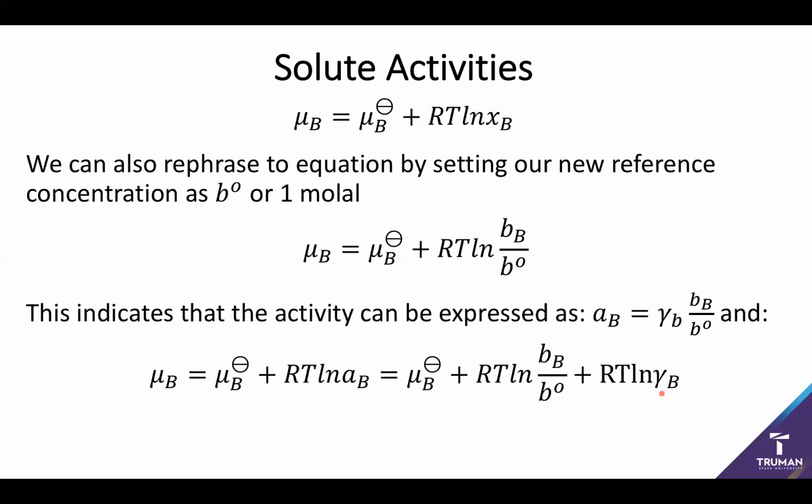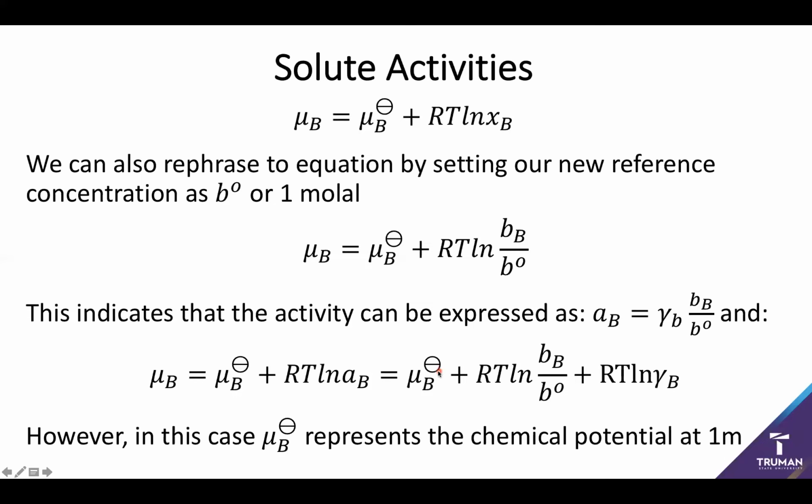But one of the biggest things I want to make note of as we're switching these reference points is that this reference chemical potential is very different from what it was when we were making use of mole fraction. In this case, it's literally the chemical potential at a mole fraction of 1, whereas here, it's the chemical potential at a molality of 1.